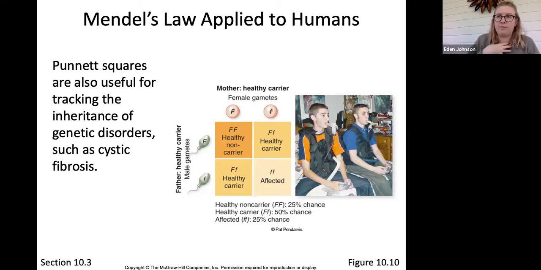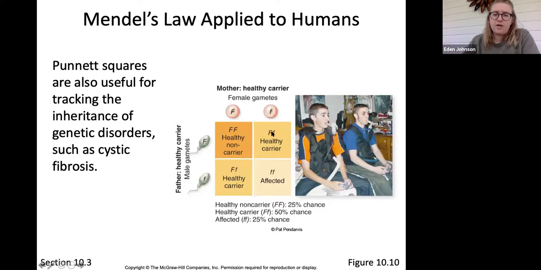A carrier means you have a mutated copy of the allele, but since it's a recessive trait, you're not going to express that trait. You are not going to have cystic fibrosis because your body just uses the dominant, non-mutated copy of that gene.